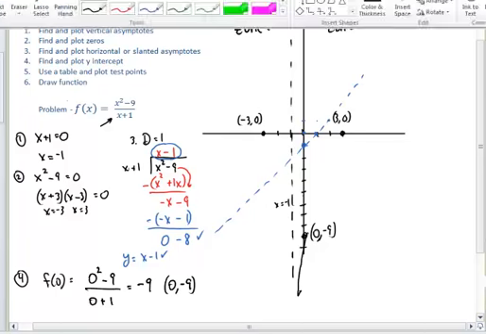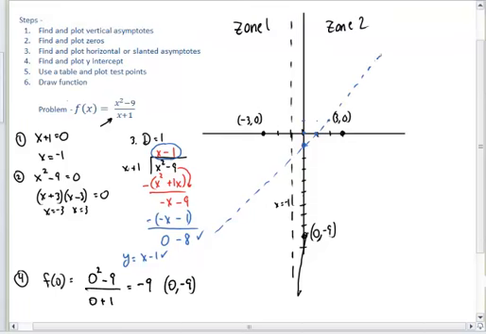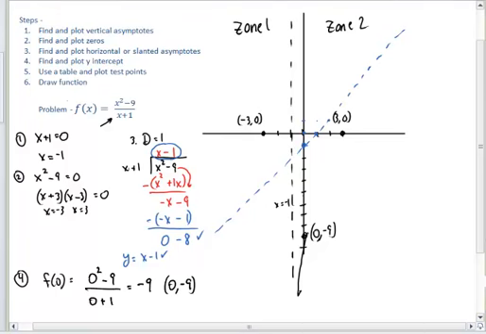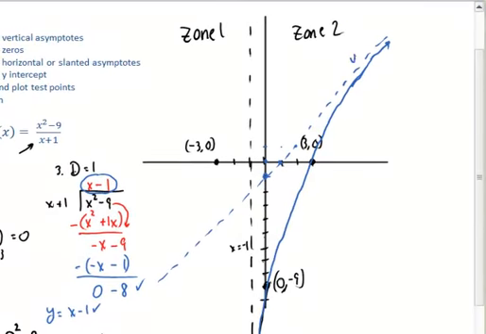Let me extend this asymptote. And remember, in the long run, the function is going to try to reach that asymptote and behave just like that asymptote. So it's going to have the end behavior of this slanted asymptote. That's what we discussed in class. So that's going to be our right side of the function, zone 1.